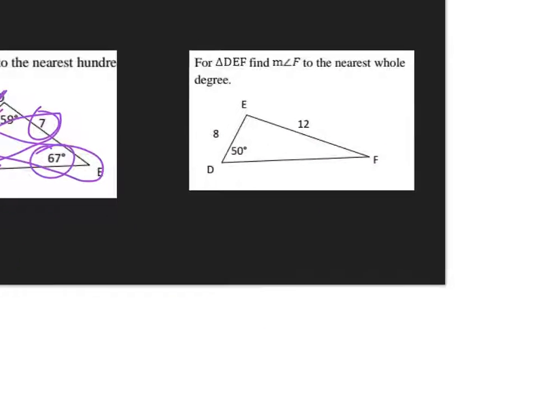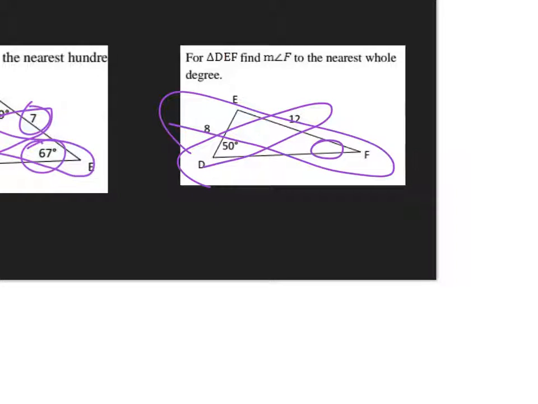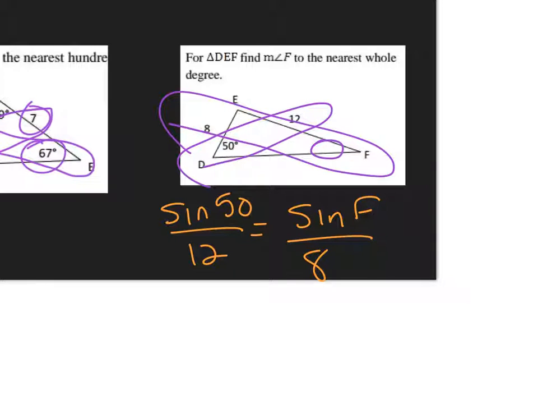All right, let's take a look over here. Find the measure of angle F. So 50 and 12 is my setup. Angle in 8 is my other one, so I'm hoping my answer is smaller than 50. So I'm going to take sine of 50 over 12 equals sine of angle F over 8.